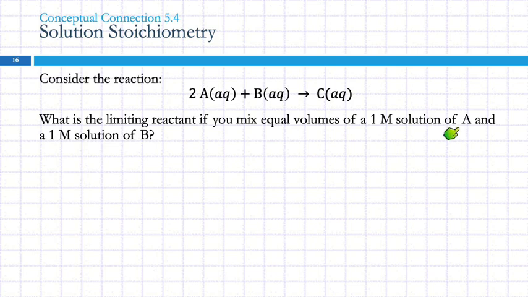So solution A is 1 molar, solution B is 1 molar. Sometimes it's easier to think of things in concrete, real numbers. So let's say we had equal volumes, 1 liter of each. If I have 1 liter of this, how much A do I have?